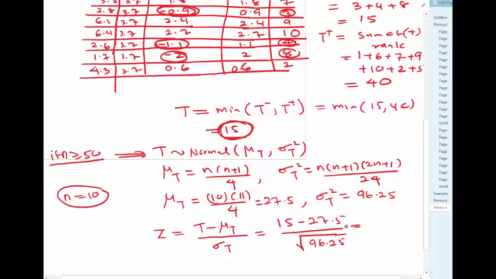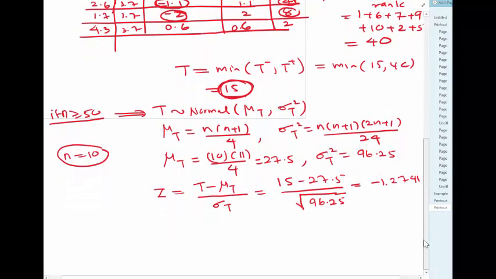So I get 15 minus 27.5 divided by the square root of 96.25 and get negative 1.2741.